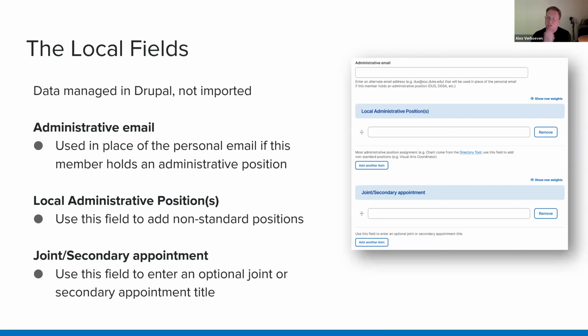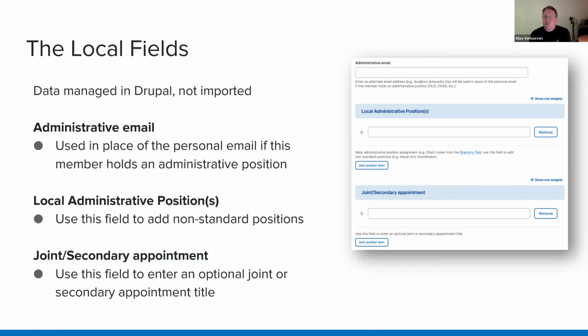So they might have a DUS at something.duke.edu address that is where they want the website contact for the DUS to go to. So putting that email address into that field would override their personal email address and direct their contact link to that inbox.